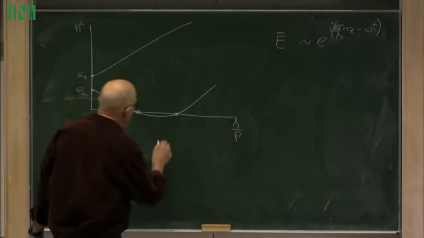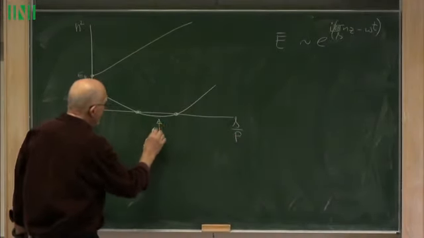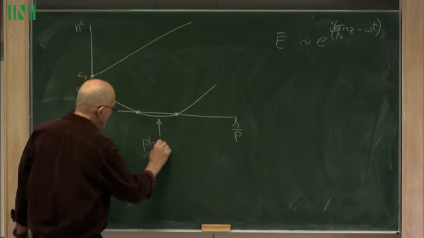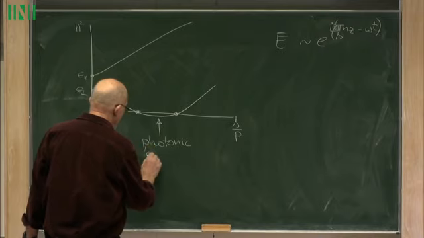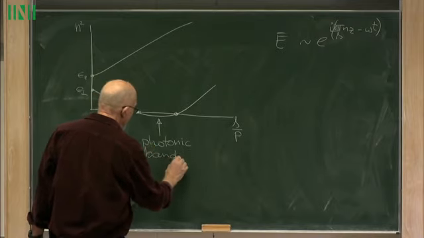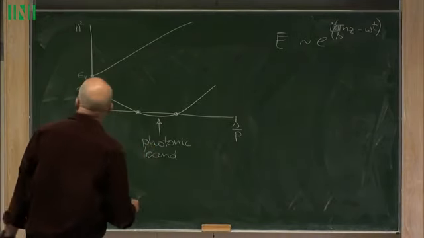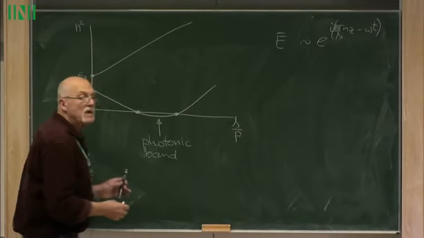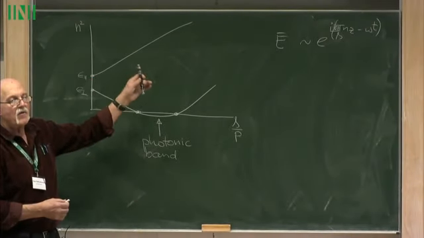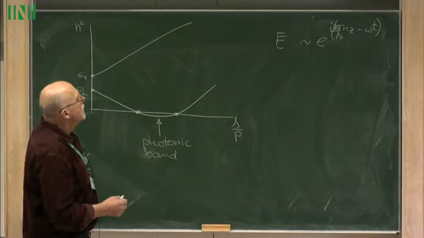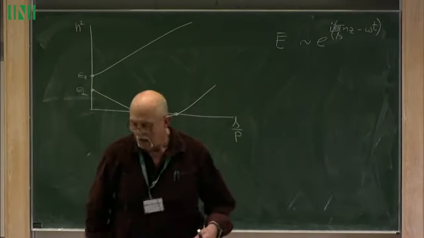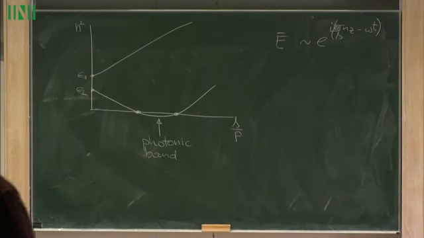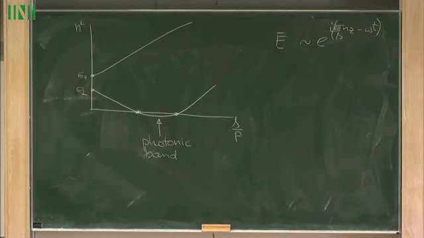So this then is the band, this is the photonic band, where there are no stable solutions, exactly as Floquet's theorem said. I mean, it's even the same form, if you like. And all of this is coming from the periodicity.